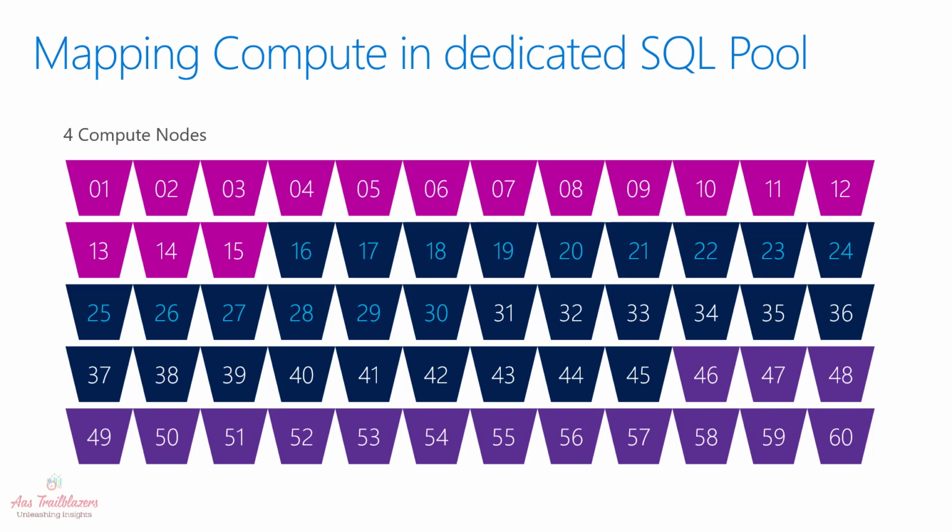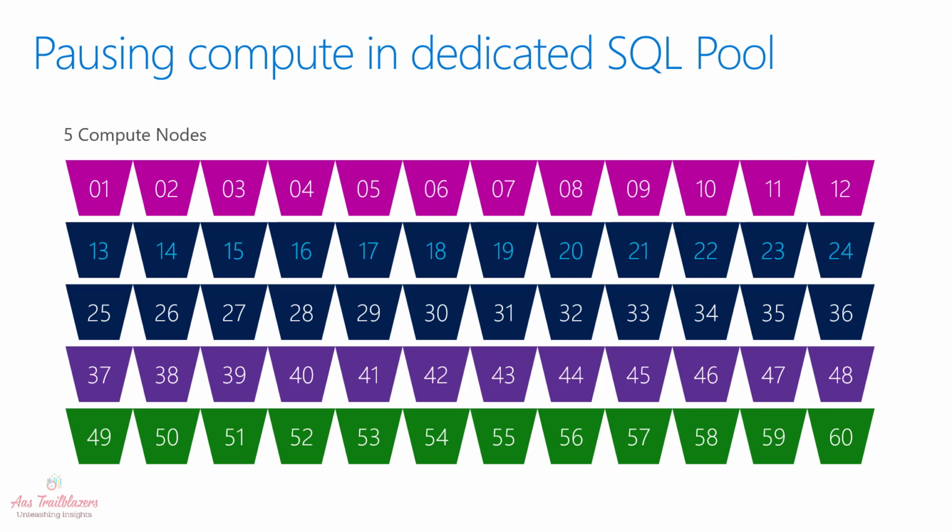This is how we can keep on scaling the number of compute nodes to create more parallelism to execute our query. This is another example where we have 5 compute nodes. Again, given we have 60 distributions, each of those 5 nodes gets 12 distributions assigned to process the data for that table.